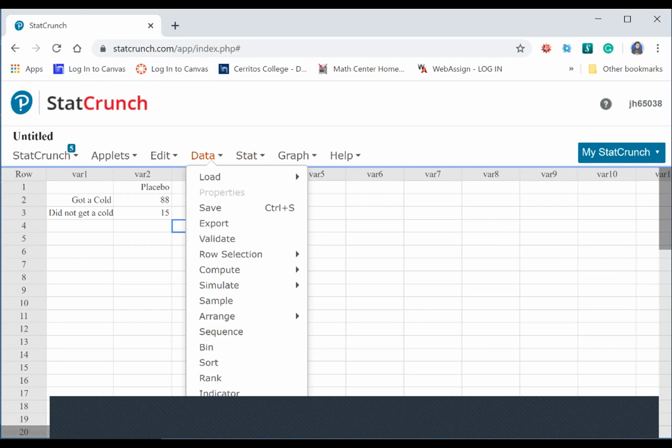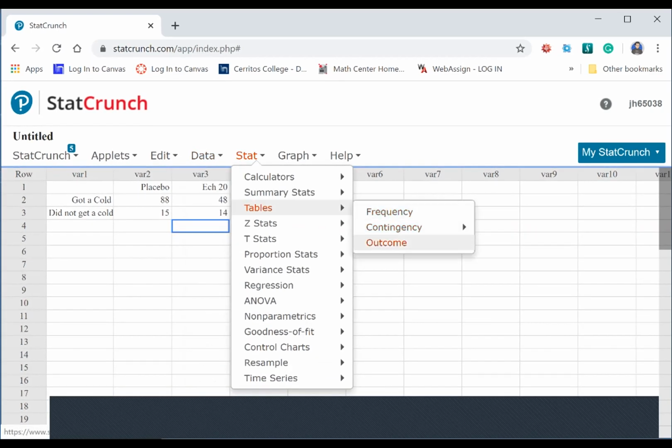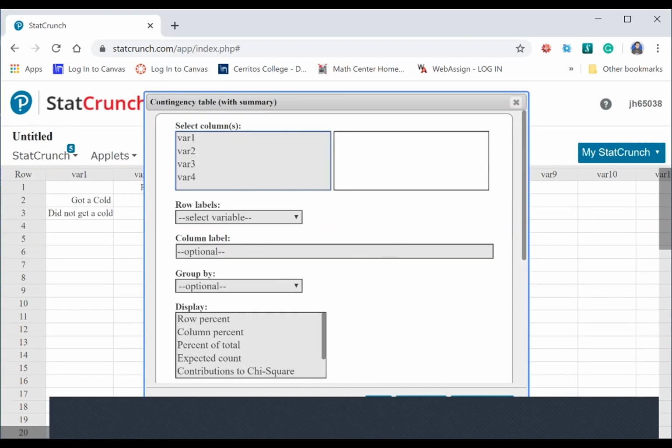And so I went to stats, tables, contingency with summary. And it says, select the columns for your data. And I did var2 through var4. And it says, okay, which column is your row labels?